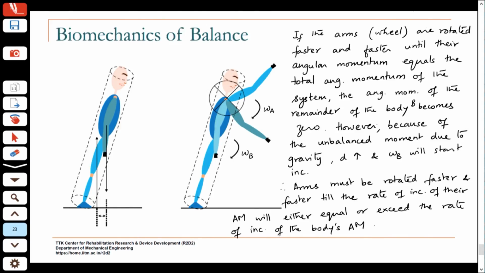So, essentially your shoulder muscles have to do the work to counteract the work done by gravity. And if the work of the shoulder muscles exceeds the work done by gravity, then you start straightening up. The body starts rotating in the opposite direction.